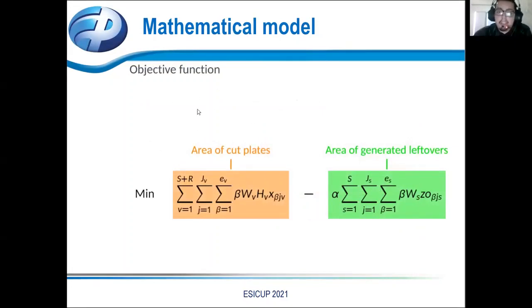So in our objective function, we minimize the total area of cut plates, okay, minus the area of generated usable leftovers.